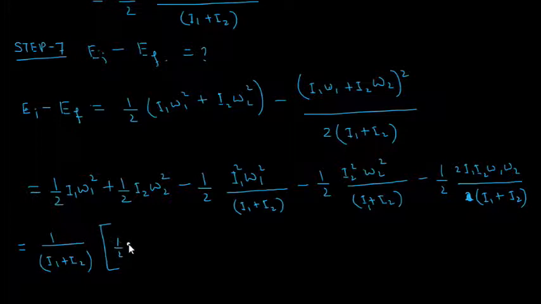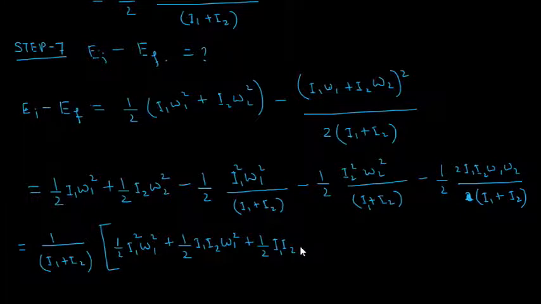Half I1 square omega 1 square plus half I1 I2 omega 1 square plus half I1 I2 omega 2 square plus half I2 square omega 2 square.